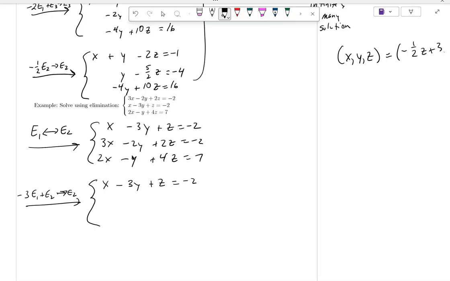Negative 3 times negative 3y is positive 9y. Minus 2y gives us 7y. Negative 3 times z minus 2z. Negative z. Negative 3 times negative 2 is positive 6. Minus 2 gives us positive 4.